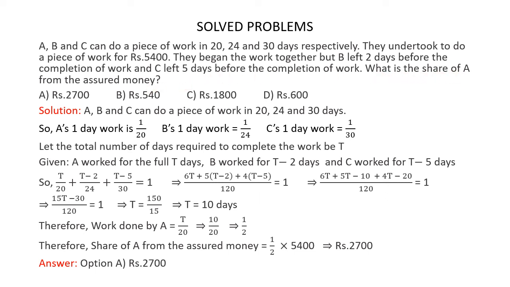The assured money is rupees 5,400. So A's share from the assured money is 1 by 2 multiplied by 5,400, which is rupees 2,700. The correct answer is option A, rupees 2,700.